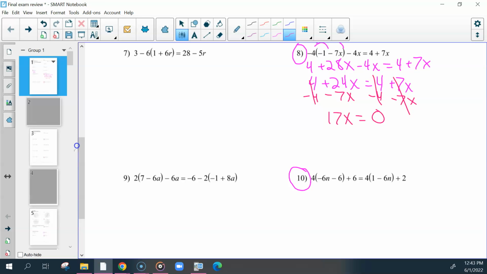We could divide both sides by 17 and get x equals 0. That would be one solution. Do we have any questions on that one?